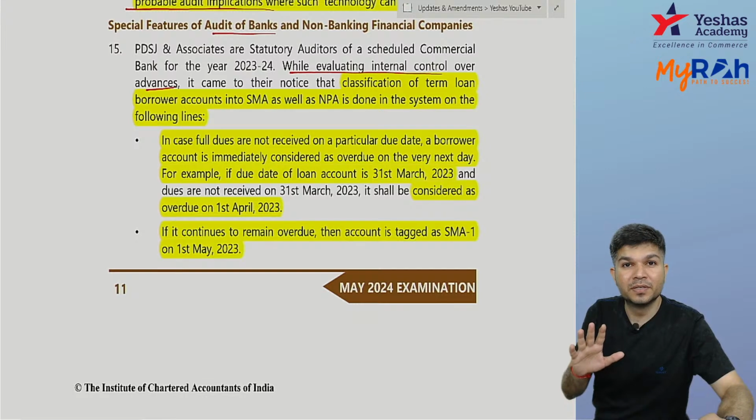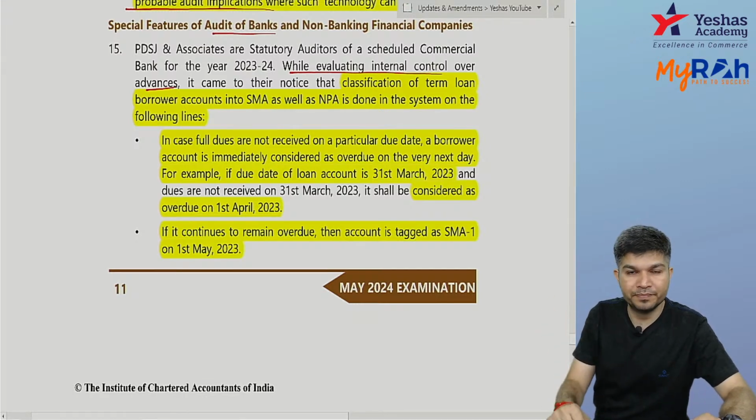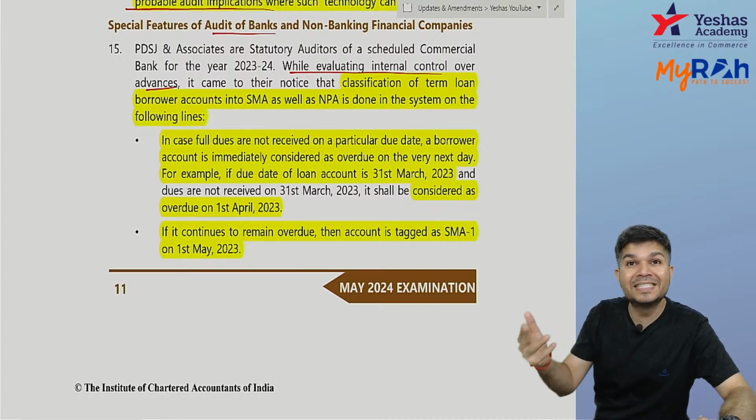First, if the due date payment is not received, it becomes overdue. Overdue for more than 30 days, SMA 1. Overdue for more than 60 days, SMA 2. And overdue for more than 90 days, it becomes NPA.